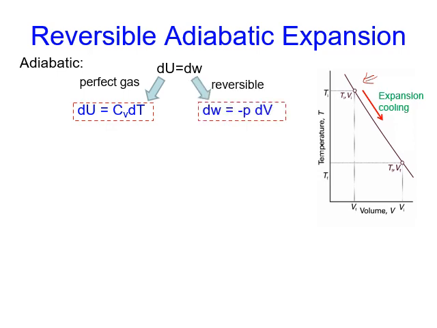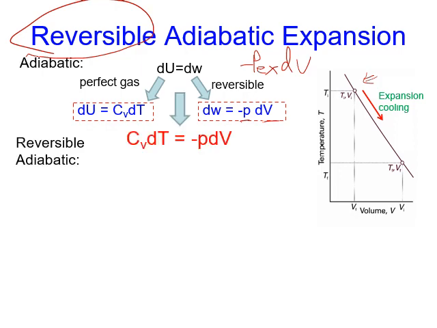Usually you use negative P external times volume change. Now if this process is reversible, then the external pressure equals the pressure, so we can just write negative pressure times volume change. So we now have this equation, CV delta T equals negative pressure times volume change.